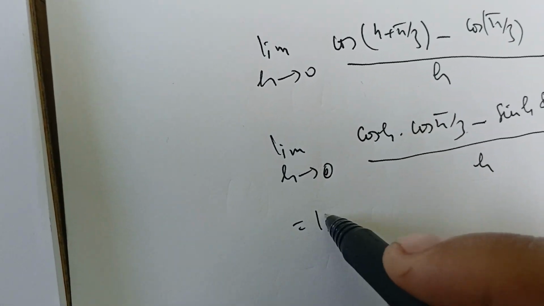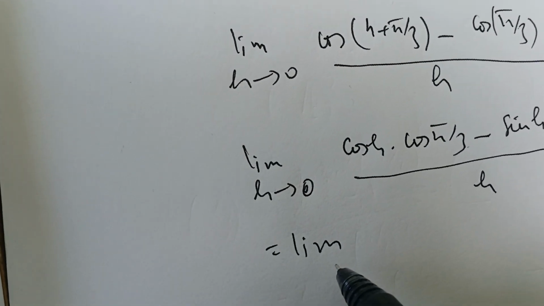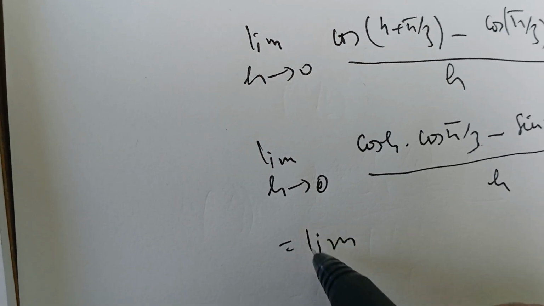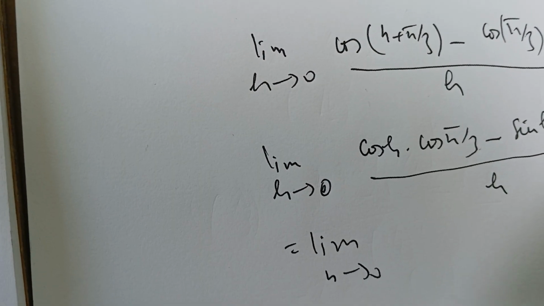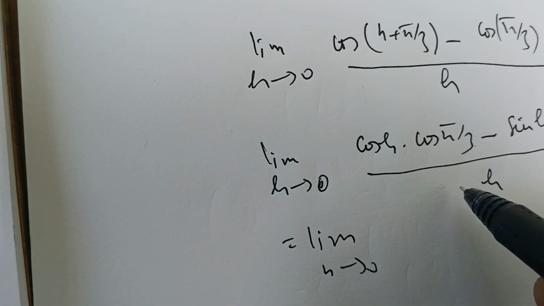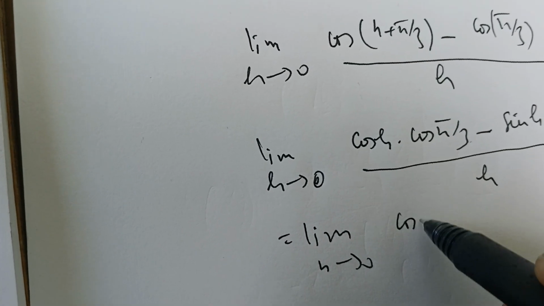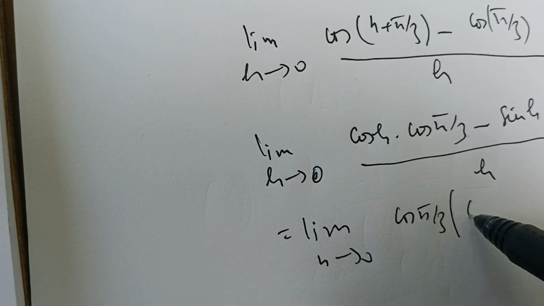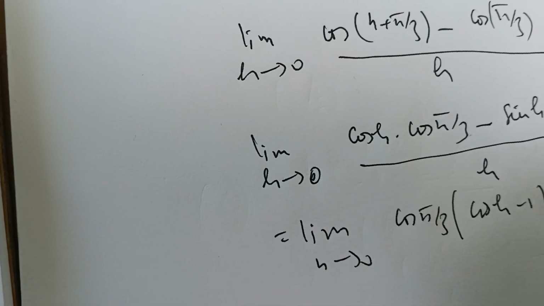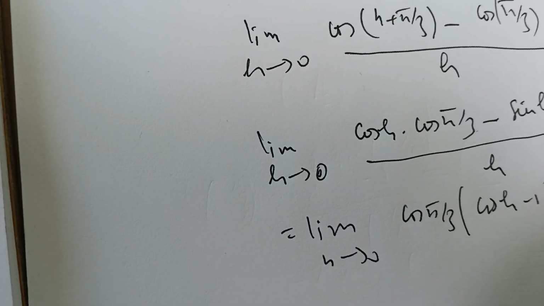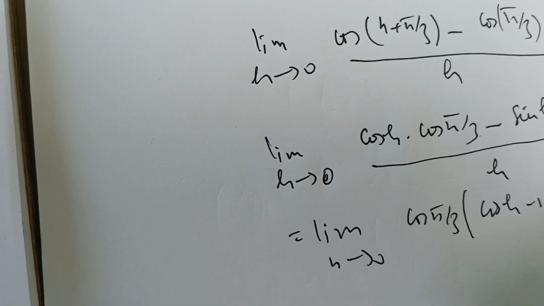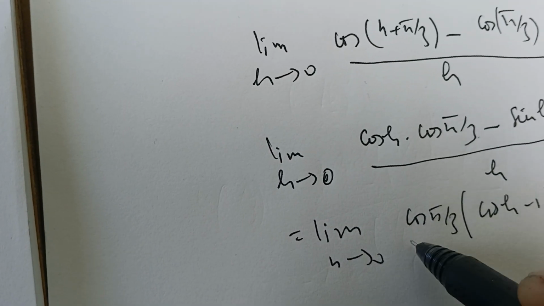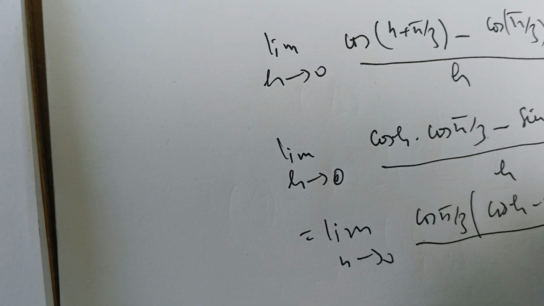We can use some factoring here. Let's bring cosine pi over 3 as a factor of (cosine h minus 1), minus sine h sine pi over 3, and everything is over h.